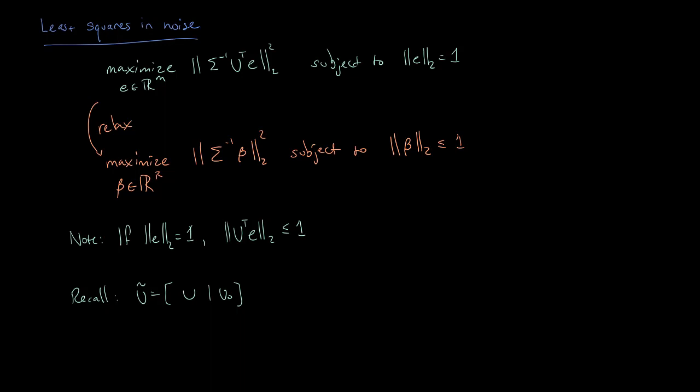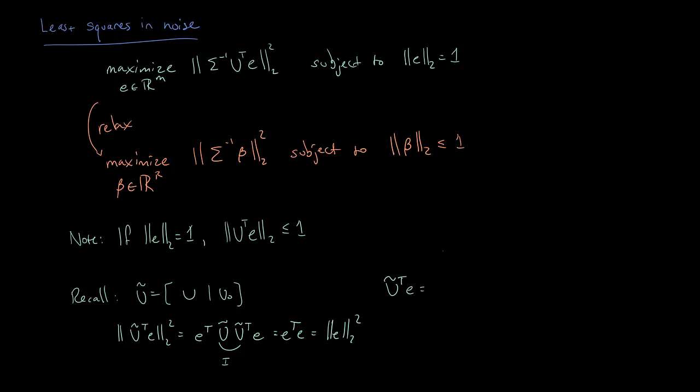Well, if we use U tilde here, the norm squared of U tilde transpose times E is just going to be E transpose times U tilde times U tilde transpose times E. And since U tilde is a square orthonormal matrix, U tilde transpose U tilde is the identity. And so we just have E transpose E, which is the L2 norm of E. So if we use U tilde, the norm of U tilde transpose E is just the same as the norm of E.